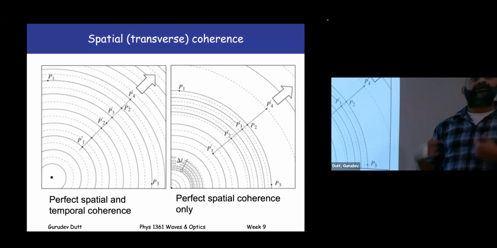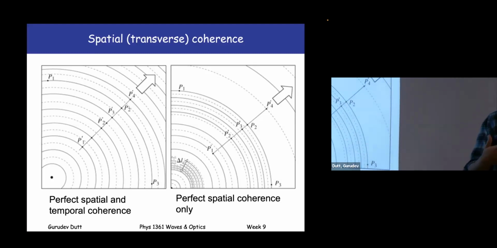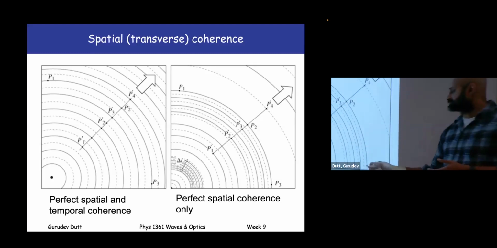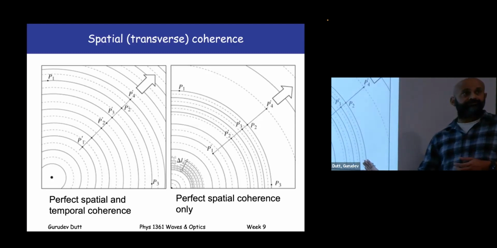Okay, and so that is basically what's happening in most sources. Most sources are not point sources. They have some extent to them in the transverse direction, if you like. And so that makes these wavefronts get messed up as well, and they no longer relate to each other along this wavefront here. Here, P1, P2, P3, I can still know exactly what that relationship is.